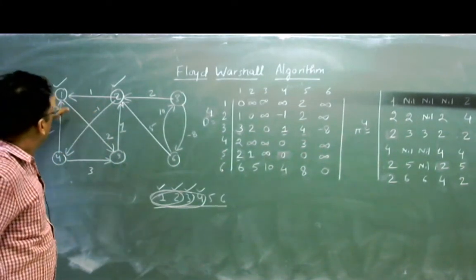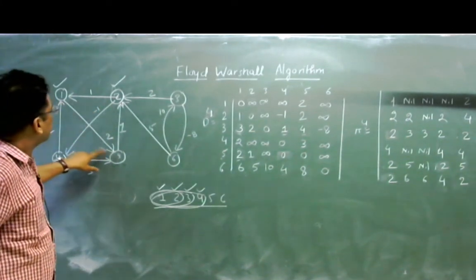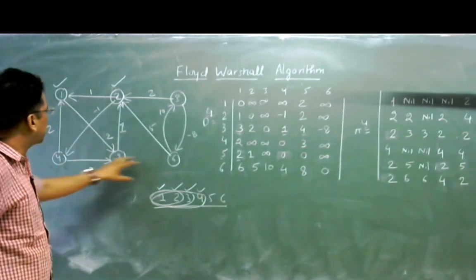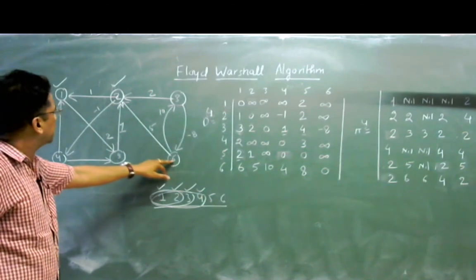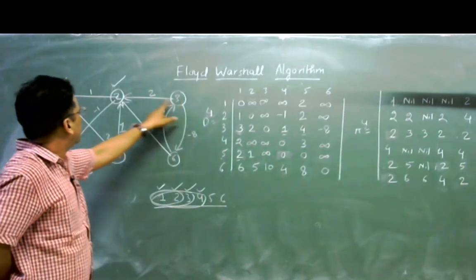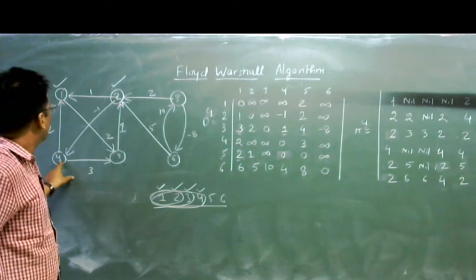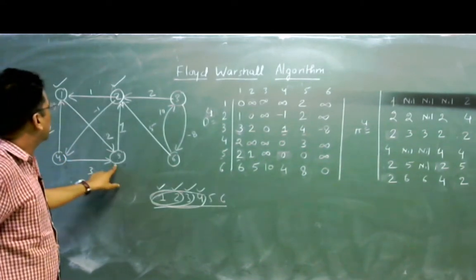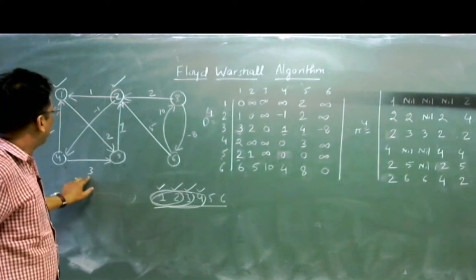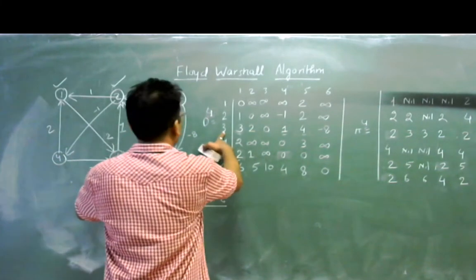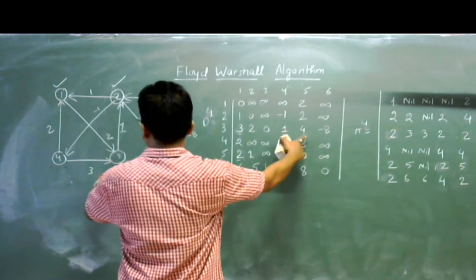Okay, so 5 to 1, 2 is already minimum, and node number 6 will take the advantage. Node number 3 we can take advantage: 2 minus 1 and 3, 2 minus 1, 1, 1 plus 3, 4. Means node number 3 to 5 distance is 2 minus 1 plus 3, 4.